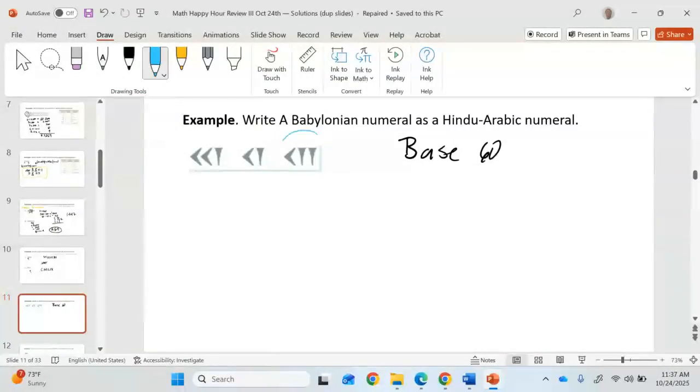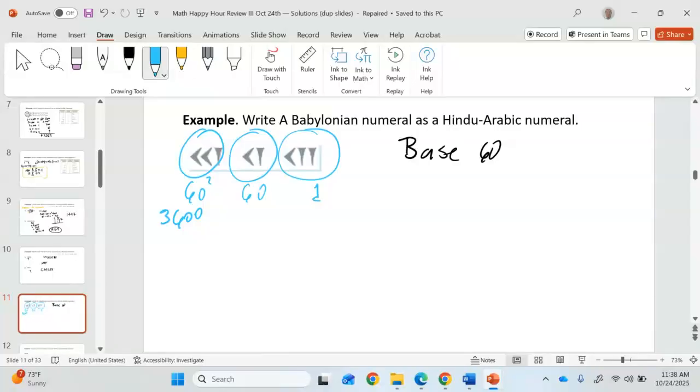You can actually see the 3 groups, right? So this would be the place of the ones. This would be 60, and this is 60 squared, which is 3,600. So if I'm given a number in Babylonian, to change it back, all I need to do is multiply each group by its place value and add all of these values.